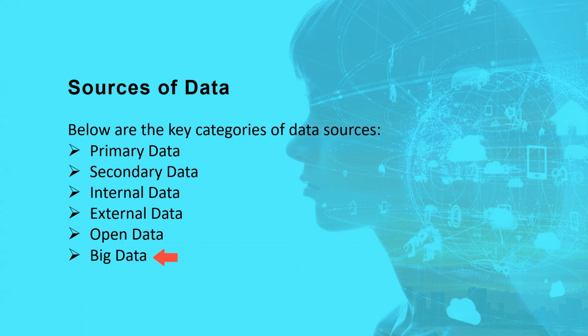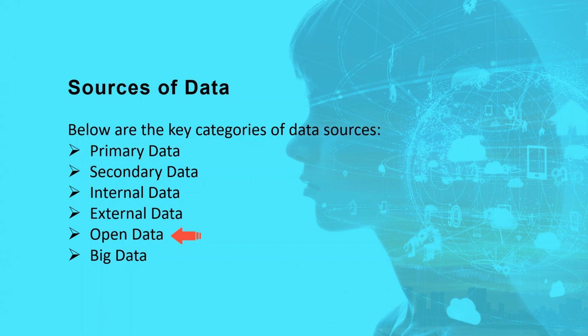Now, what is open data? Open data refers to data sets that are freely available for anyone to access, use and share. Open data is typically provided by governments, research organizations and other entities as part of open data initiatives, and thus it is also a major source of data.